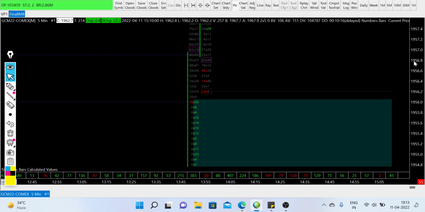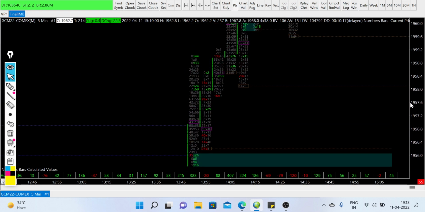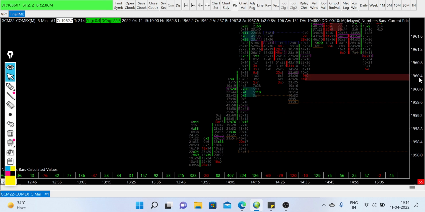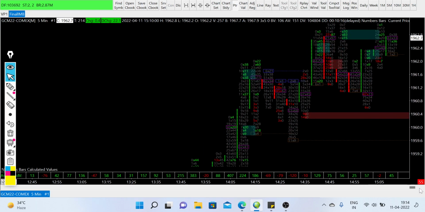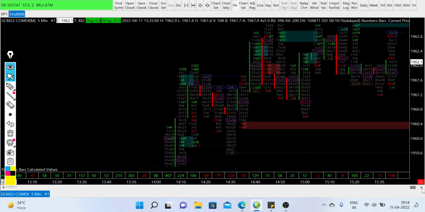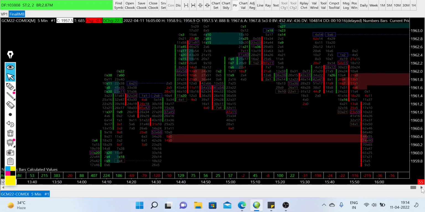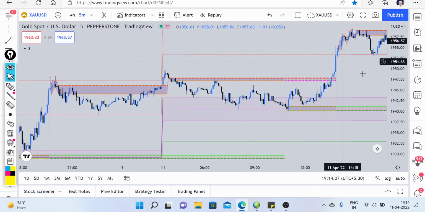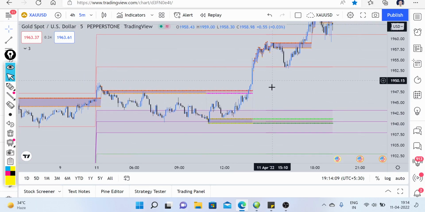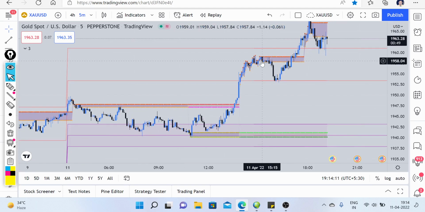So let me give you an example where we have seen exhaustion, or absorption, or a reversal. As you can see on the chart over here, after this much upside move we have seen some little correction at this price level.